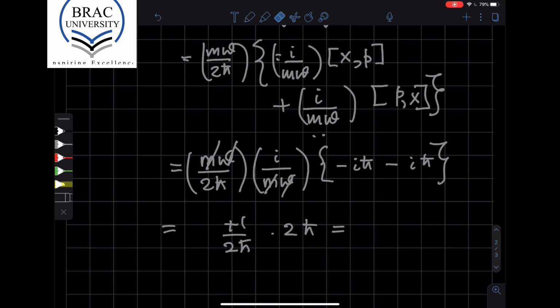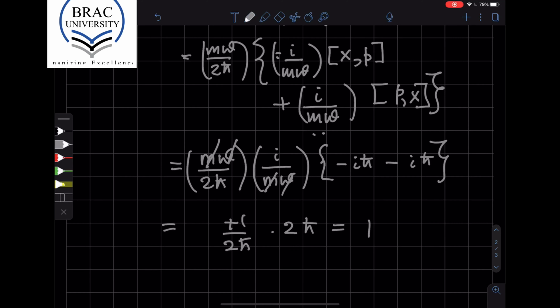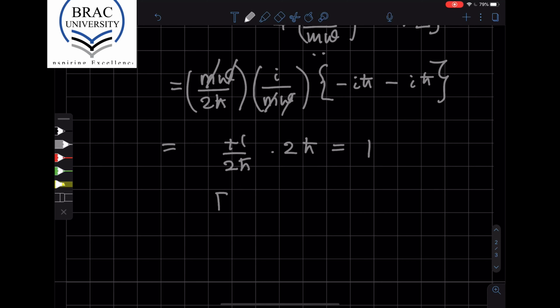So we are going to have 1. Therefore, the fundamental commutation relationship implies that the commutator of A and A dagger is just 1.